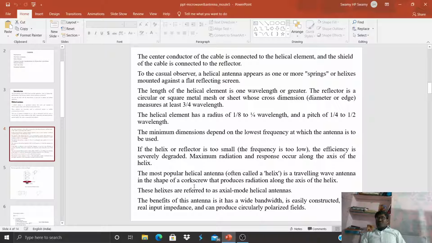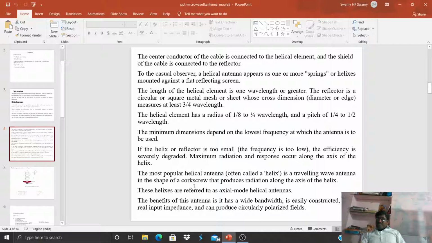Pitch means, in a helix you have a spring type, so the space from one coil of the spring to the next coil is called the pitch. In a helical antenna its measurement will be 1/4 to 1/2 wavelength, and the element diameter of the helical element is 1/8 to 1/4 wavelength.